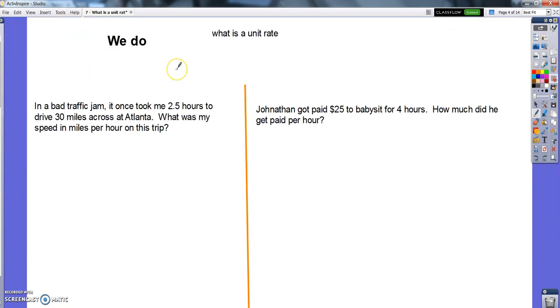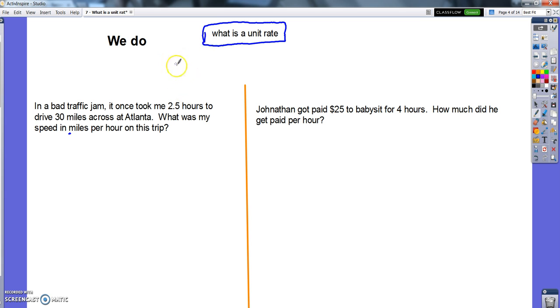All right. So in a bad traffic jam, it once took me 2.5 hours to drive 30 miles across Atlanta. Also a true story. What was my speed in miles per hour on this trip? Oh, before we do that, what's the unit rate? I want to make sure you write this in your notes too.